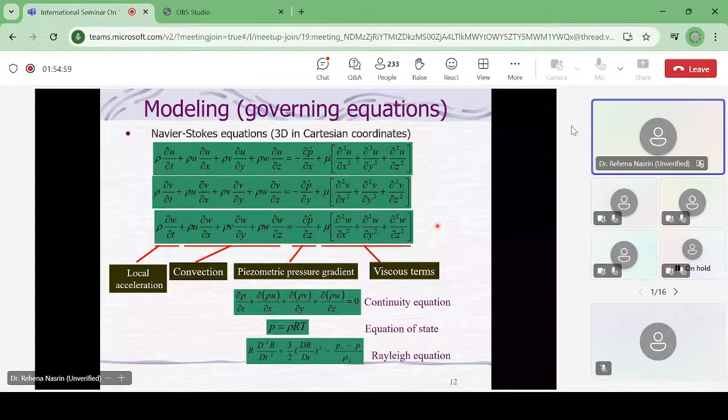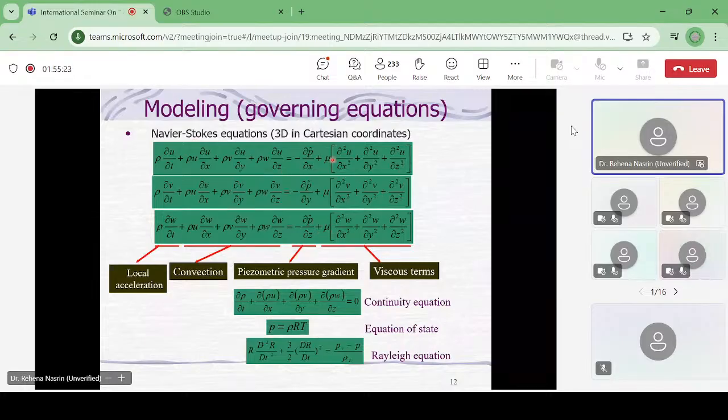The Navier-Stokes equation is the most important equation for fluid flow. It may be air or it may be any kind of liquid. So to understand the flow dynamics, fluid dynamics, we need the Navier-Stokes equation.